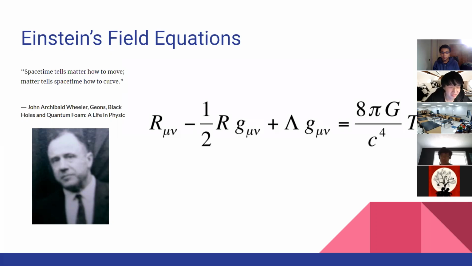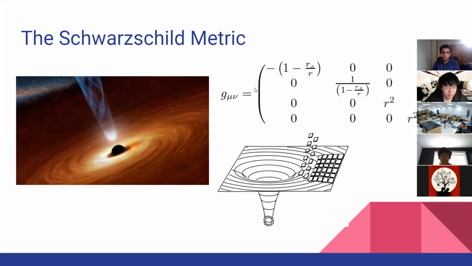Look at the quote on the left: space-time tells matter how to move, and matter tells space-time how to curve. This is mainly what Einstein's field equations are about, and it's the most important result in Einstein's theory of relativity ever. Can you move on?